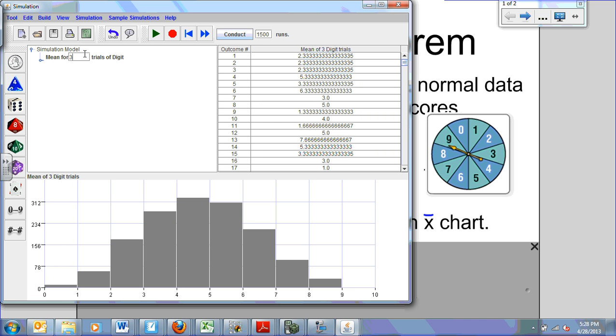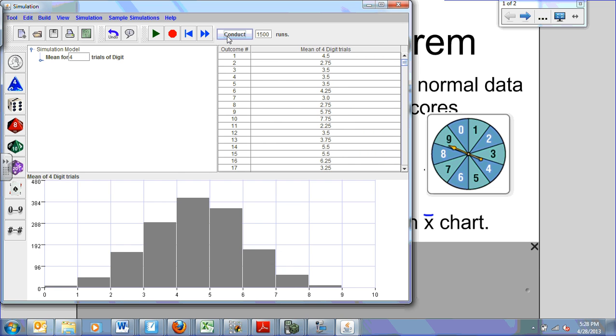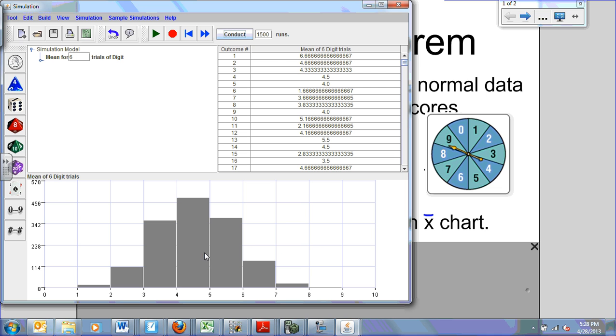And as you can see, the larger my sample size becomes, if I take 4 numbers at a time rather than 3 numbers and conduct all those runs, I think you can see what's happening. 5, and there you go. That shape is definitely approximately normal. And that's even more clear if I take sample sizes of 6 at a time and plot all those runs, it's approximately normal.